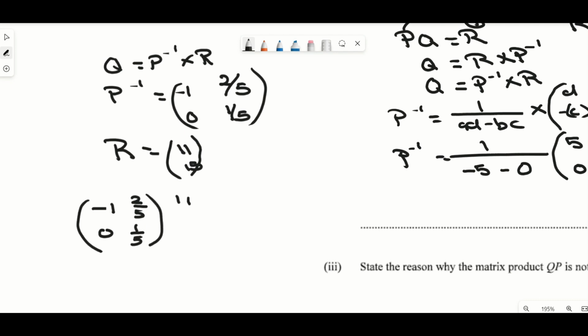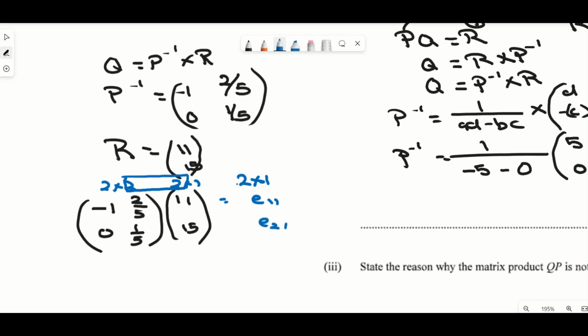by 11, 15. Right, so it's always row by column. So let's just make sure: this is a 2 by 2 matrix, this is a 2 by 1. These two are equal, so they can multiply, and your resultant would be a 2 by 1 matrix. So we have E11 and E21, which means we have 2 rows and 1 column. E11 is element row 1 by column 1, and E21 is element row 2 by column 1.